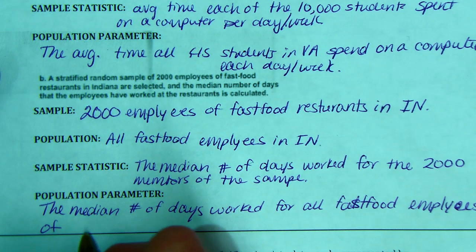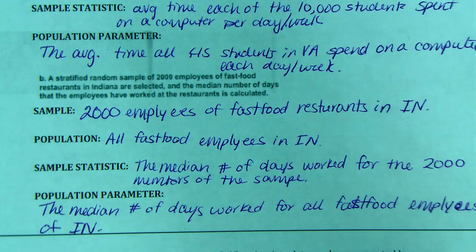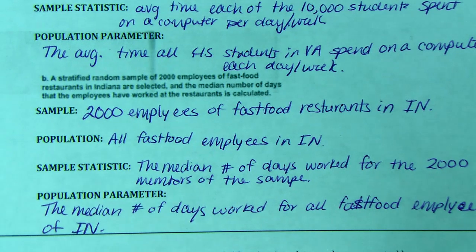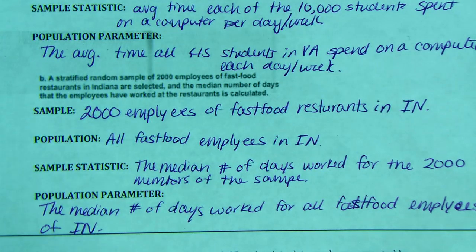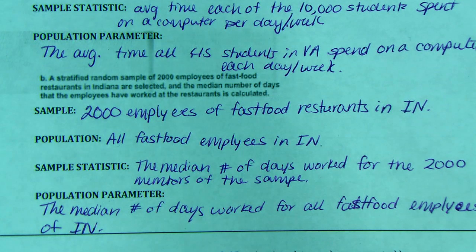Okay, for all of them. Okay, so just understanding the difference between a population and the sample, and that, remember, a statistic is from the sample, a parameter is from the entire population, and typically, depending on the size of your population, your parameter is found using statistics from samples, because it's just sometimes impossible to calculate, okay?